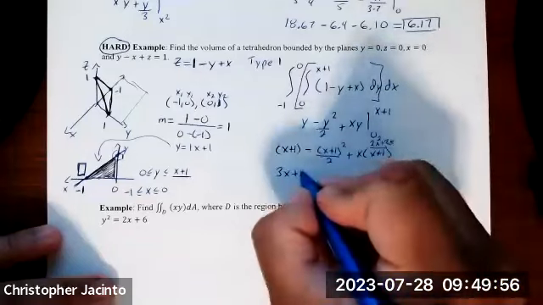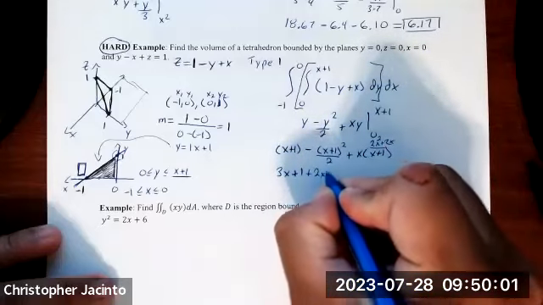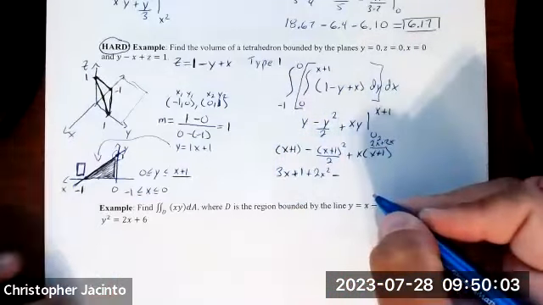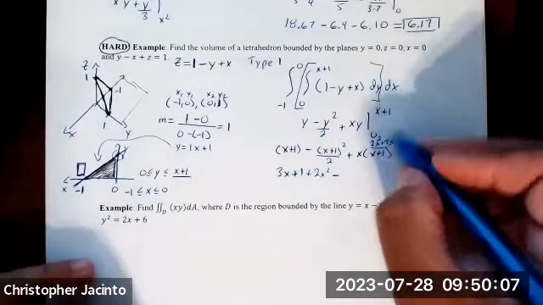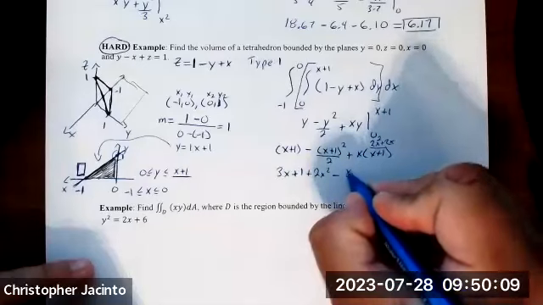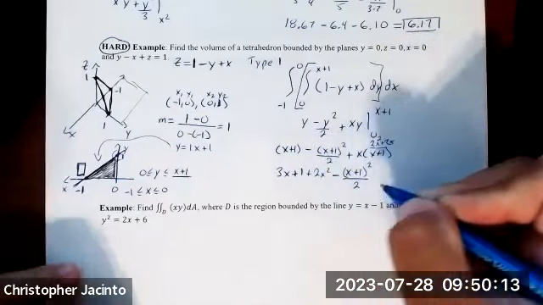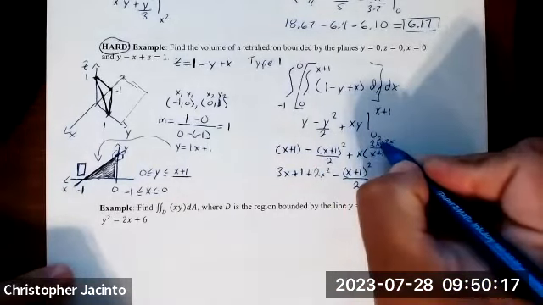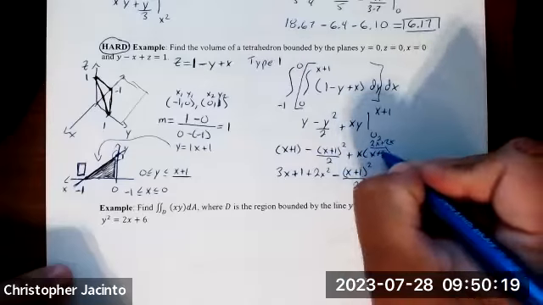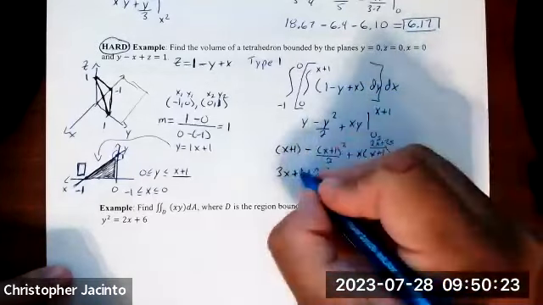Oh, yeah, 3x plus 1 plus 2x squared minus all of this horribleness. So did I do my math correctly? So this is 2x squared, x, so I can only add those together. Yeah, I think that's correct.